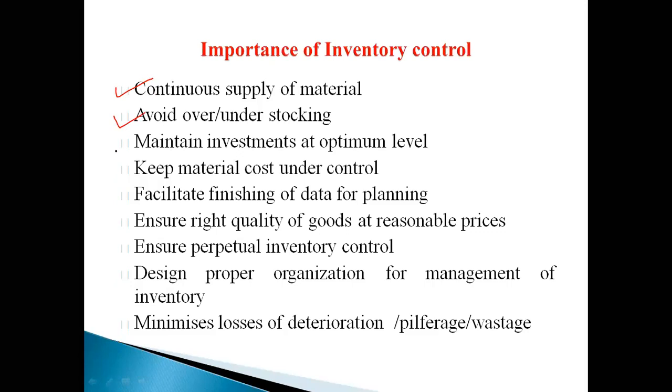Overstocking you have to reduce, understocking you have to manage up to the sufficient quantity. Maintain investments at optimum levels. Keep material cost under controls. Facilitate furnishing of data for planning. Ensure right quality of product at reasonable price. Ensure the perpetual inventory controls.